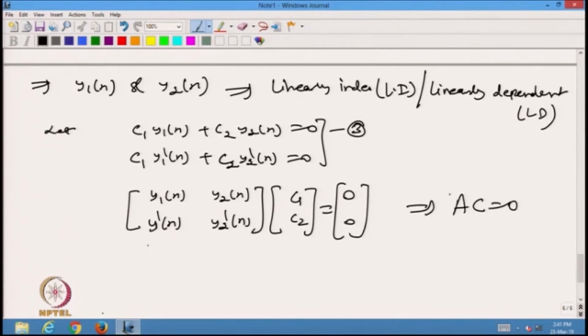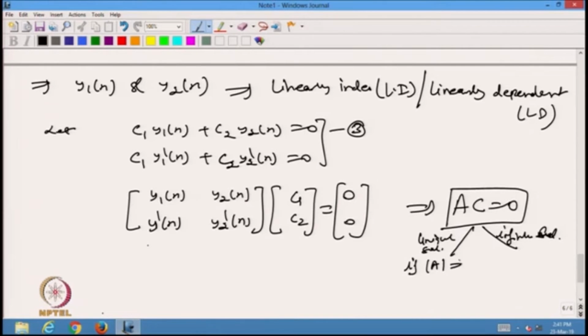So, this is a homogeneous system of equations, and we know that this system has two possibilities: a unique solution or infinitely many solutions. A unique solution will be in this case if A is non-singular.